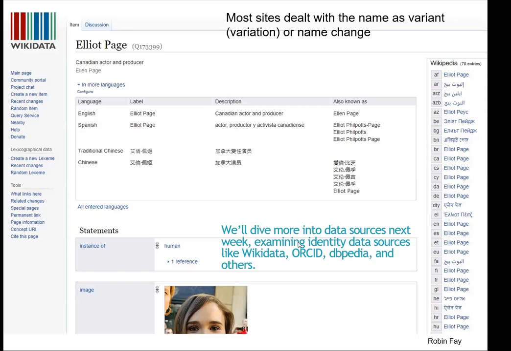You will notice on the Wikidata page there's also the "also known as," which is how they treat differences or variations in names. And the information included comes from what's publicly available.